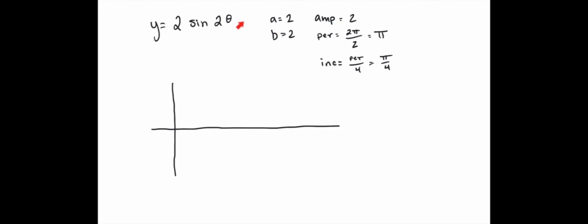I don't have a vertical shift or a horizontal shift, so I'm going to go from my midline up 1, 2, and make a mark, right? So here's 1, 2, and we're going to go down 1, 2 from my midline. My midline is at 0 because I haven't moved it, because that's where the midline of the parent function is. 1, 2 up, -1, -2 down.